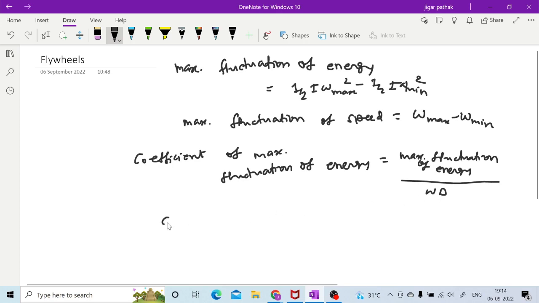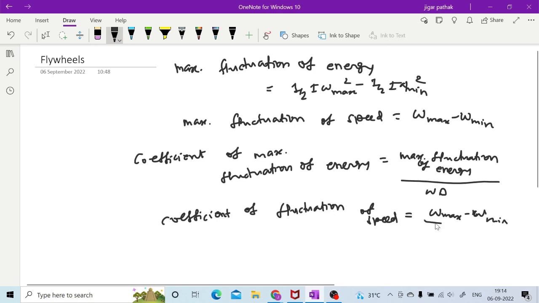And similarly, coefficient of fluctuation of speed, that is given by this omega max minus omega mean divided by the average or mean of both the speeds, like omega max plus omega mean by 2.